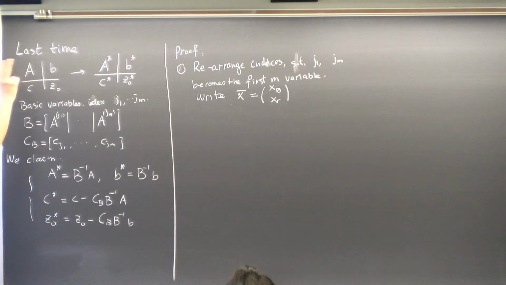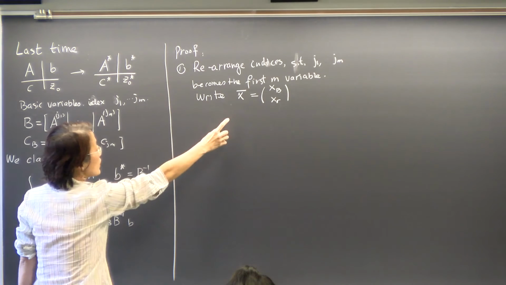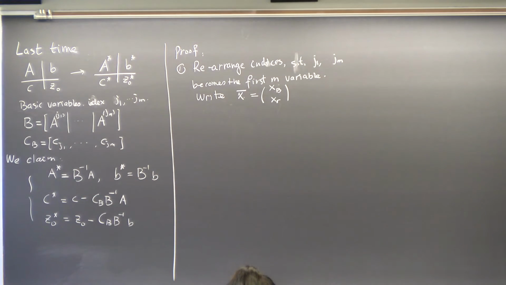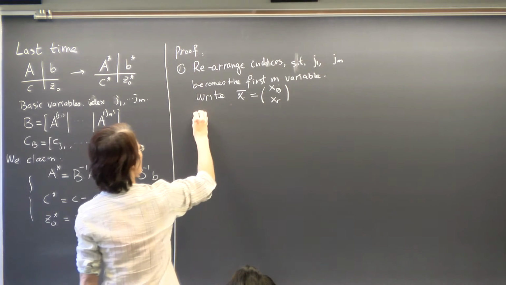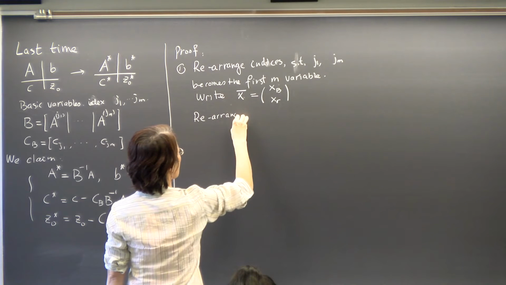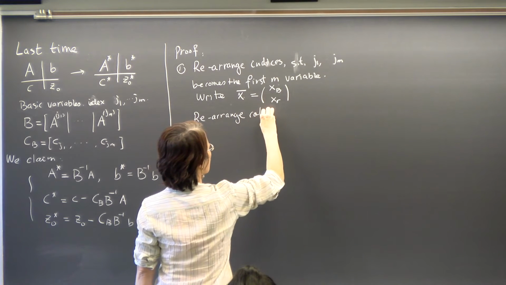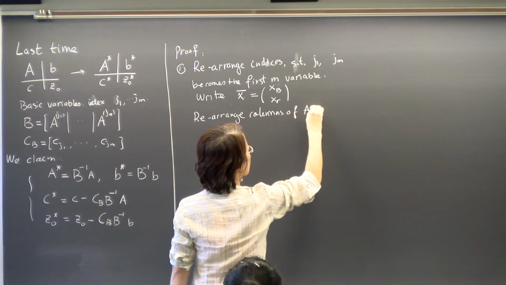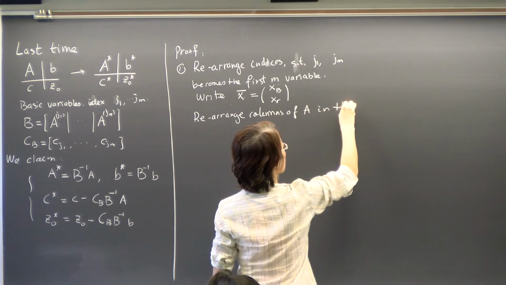If I change two x's, what it means to the A matrix is I just switch the columns. Is that right? So I will rearrange the A matrix so that the first column will correspond to the first variable x in the rearranged one. So rearrange columns of A in the same way.